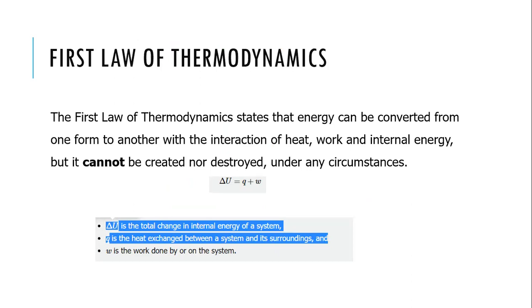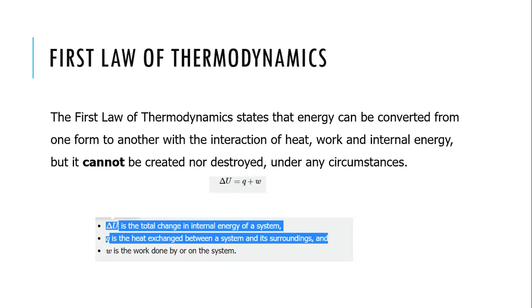But we cannot completely destroy the energy. That is not possible. As per the first law of thermodynamics, energy can neither be created nor destroyed. So we can use it in various workable forms.